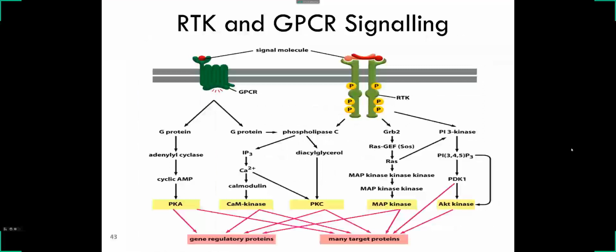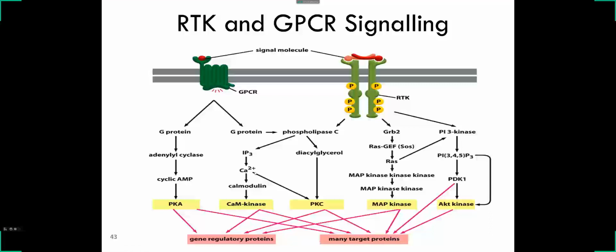So you may have understood that there's a lot of cross interaction between GPCRs and receptor tyrosine kinases. Some of these very similar pathways overlap with each other, right? We talked about phospholipase C, diacylglycerol, calcium and IP3, PKA, PKC, AKT.